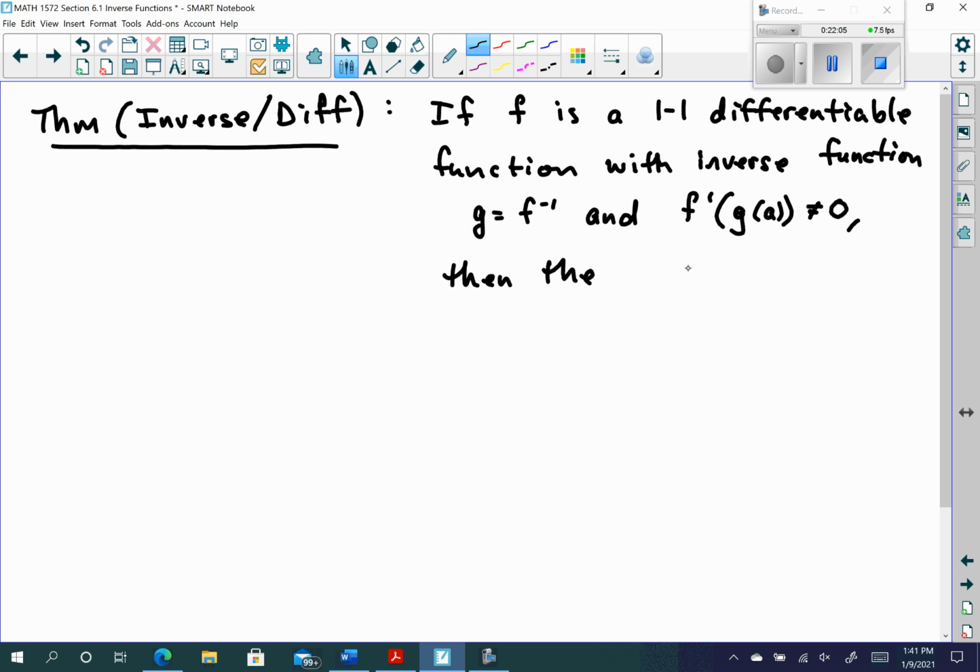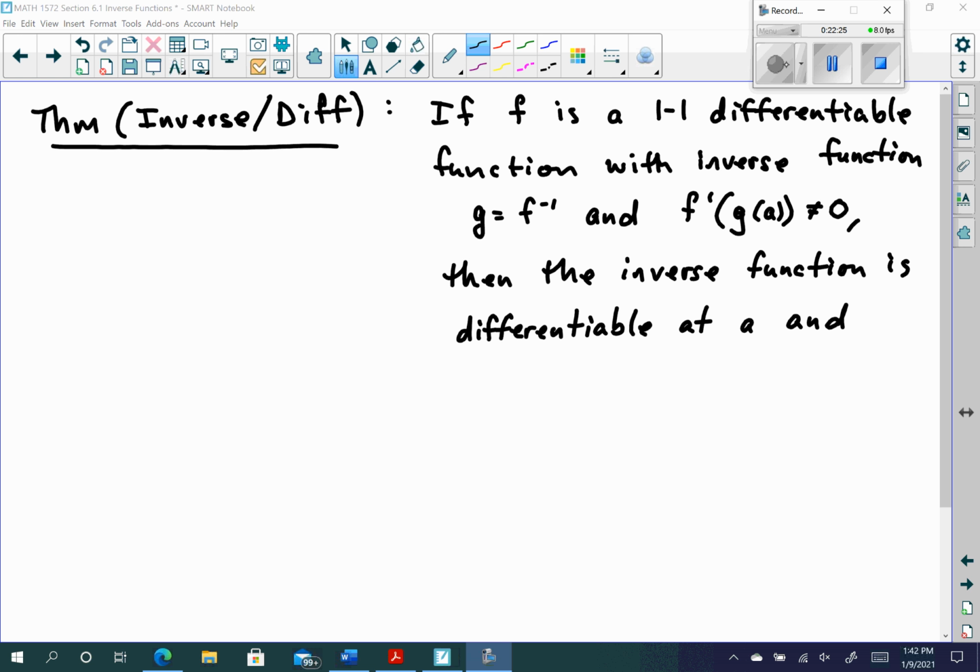then the inverse function is differentiable at a, and the formula for the derivative of the inverse, so remember I'm calling g the inverse, so we would say g prime at a is equal to 1 over f prime of g of a.